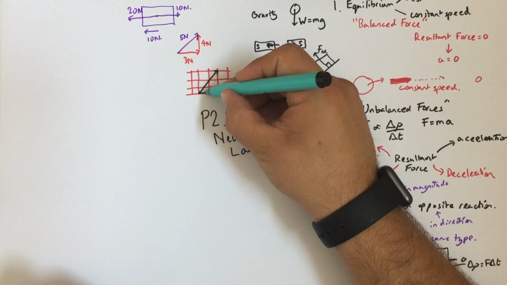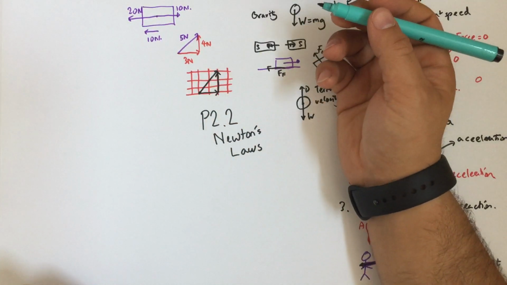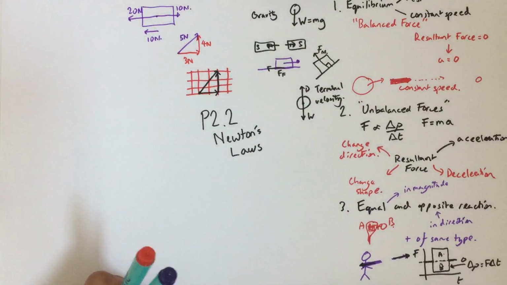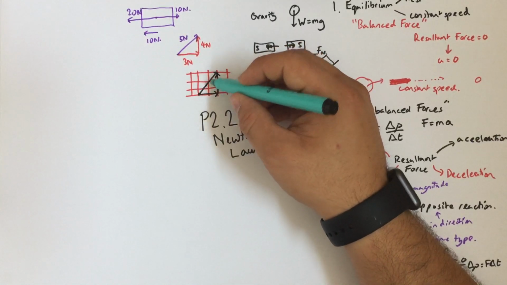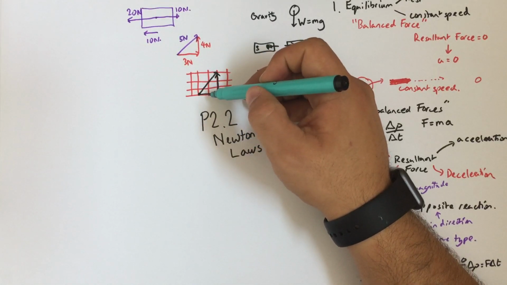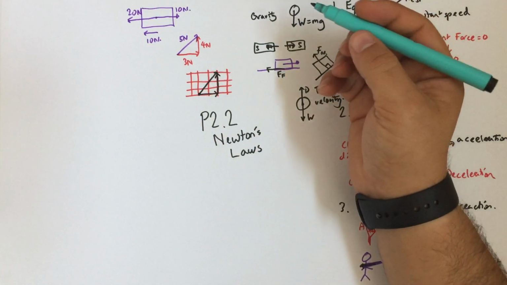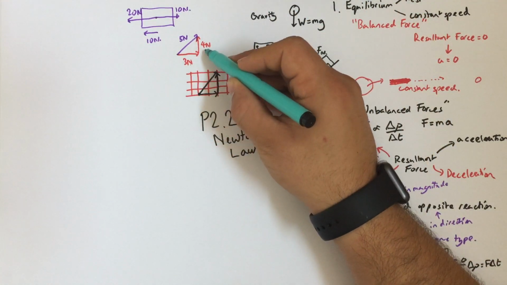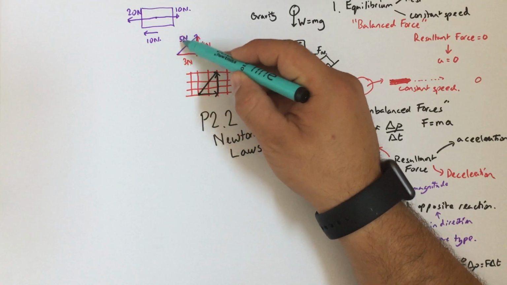Well, what you could do is break that down into 2 that way and 3 that way, and show the forces broken up like so. And you can use Pythagoras to work that out. So remember, Pythagoras' theorem is the square of the hypotenuse is equal to the sum of the squares of the other two sides. So 3 squared plus 4 squared, which is 9 plus 16, gives you 25, which if you square root gives you 5.